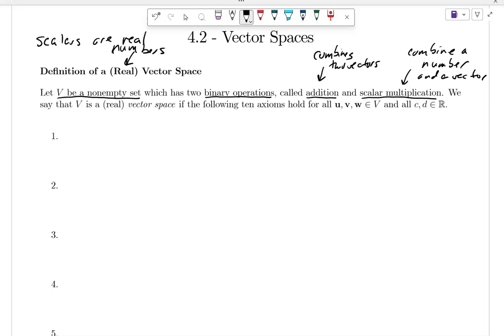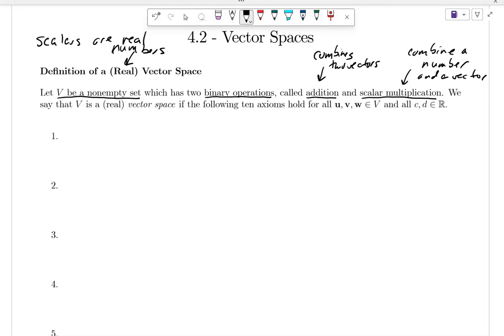That's all the real part means. It's just telling you where the scalars are coming from. So if your scalars were complex numbers, this would be a complex vector space, and so on. It doesn't mean that they exist. They all exist. It's just telling you where the scalars come from.